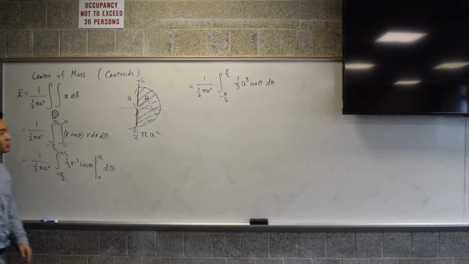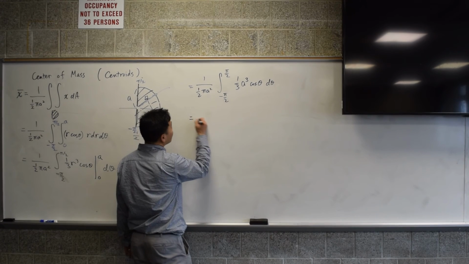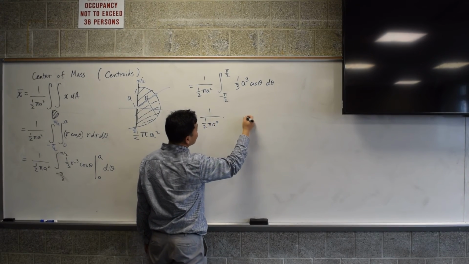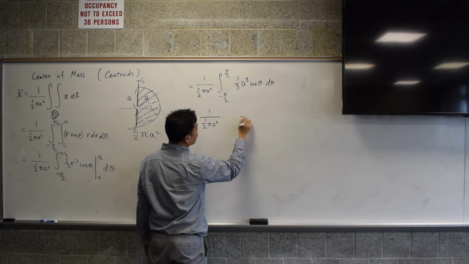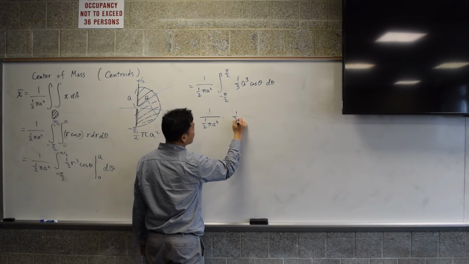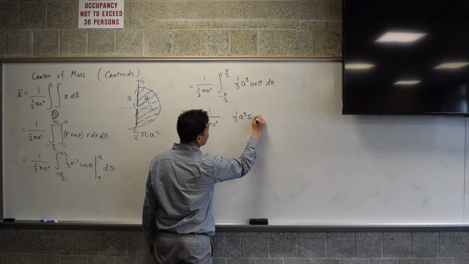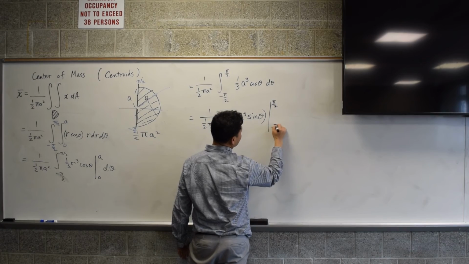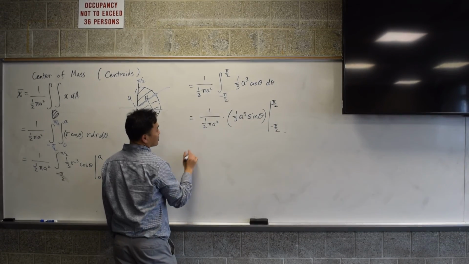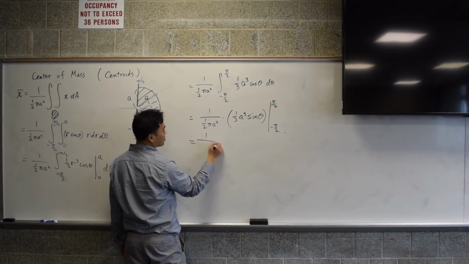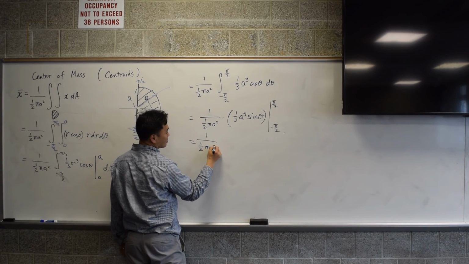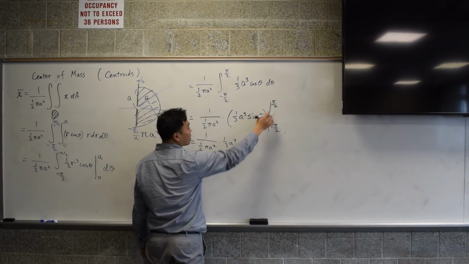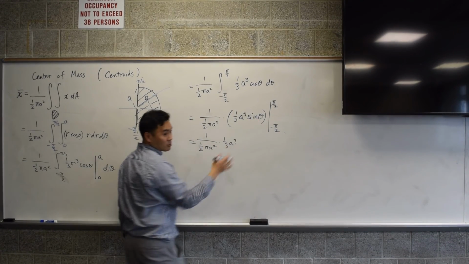What do you get if you integrate cosine θ? It's positive sine θ, and then you have to plug in π over 2 and negative π over 2. That's just a constant, so let's pull it outside. 1/3 a cubed is just a constant, so you only have to put these in there and subtract.